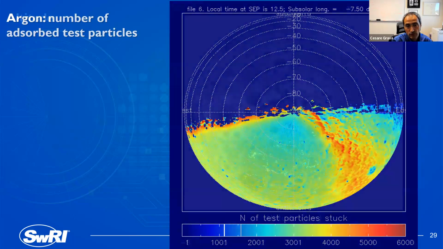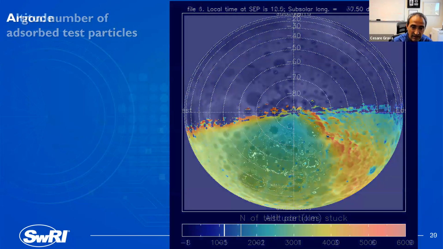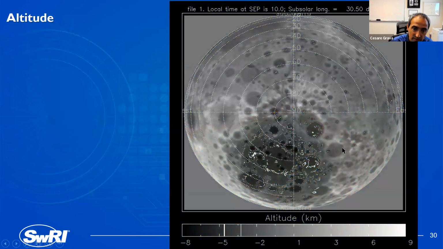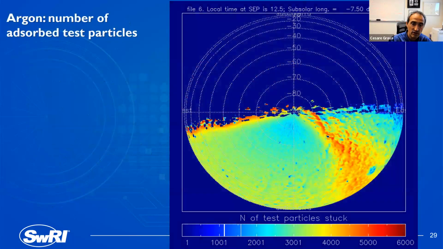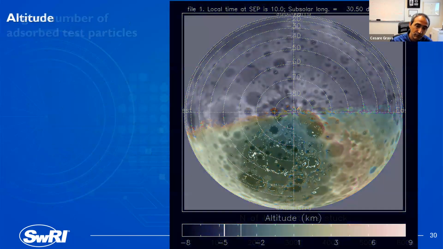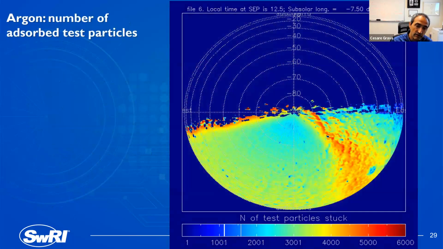And if I do a comparison here, I see that even the interior of the crater shows some higher number density of particles. So it's not only the ridges of the crater, it looks like the interior of the crater is also acting as a cold trap.